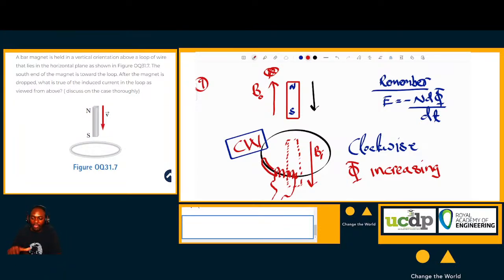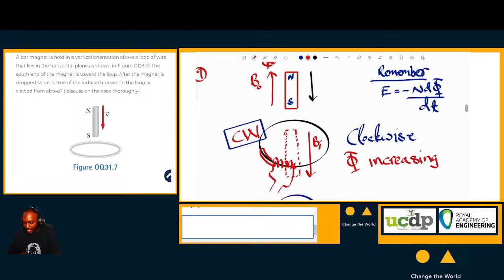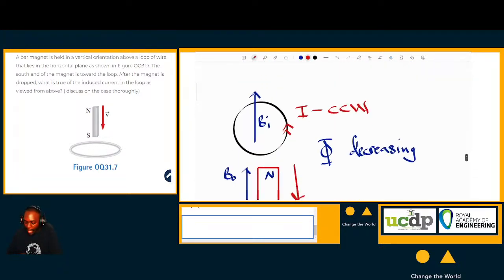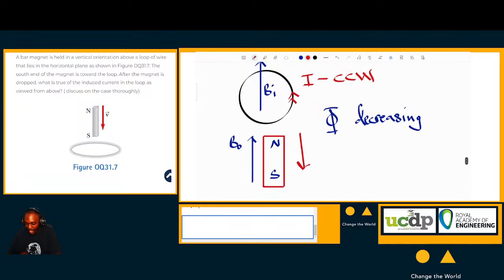And you will see that your thumb will self-align in the direction of flow of current, which is clockwise.